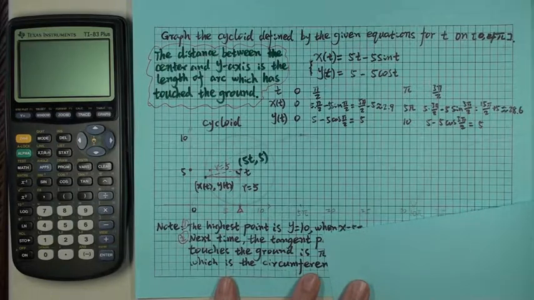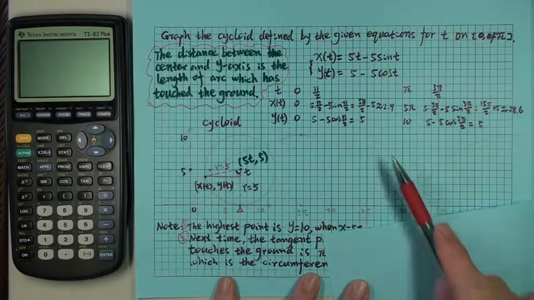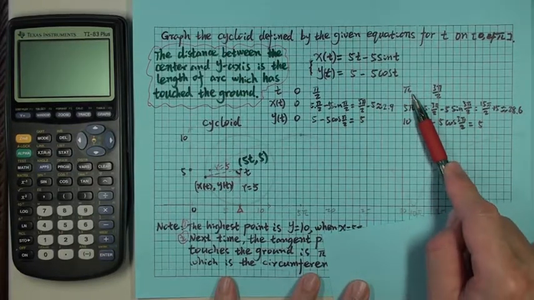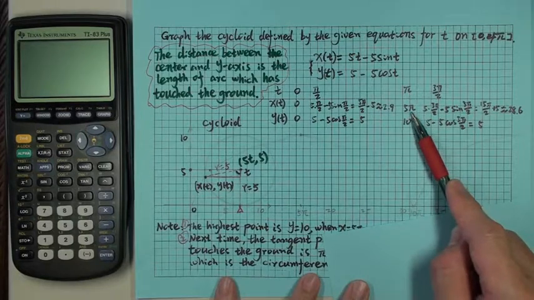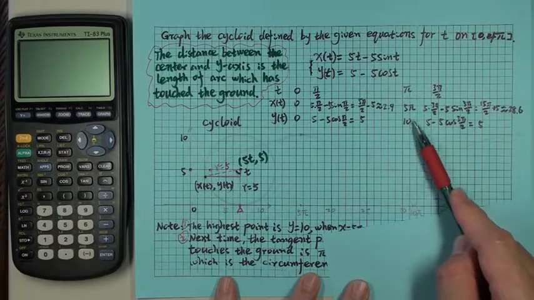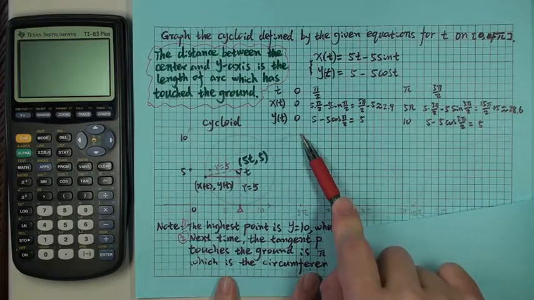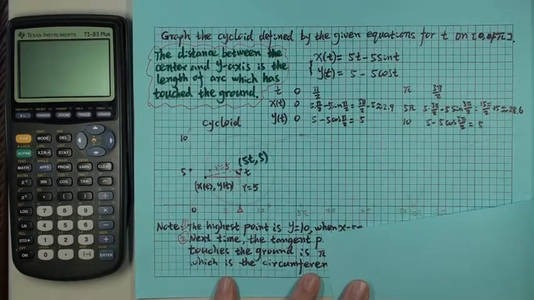Now, this is the algebraic way. We figured out that when t is pi, you have the point 5 pi, 10, and 10 is the highest place.